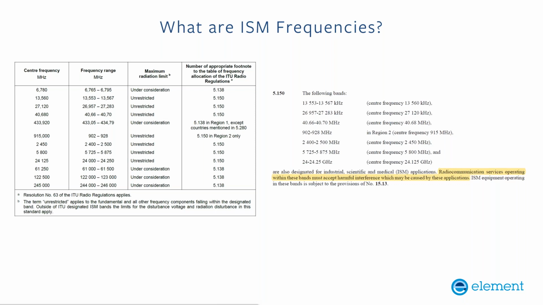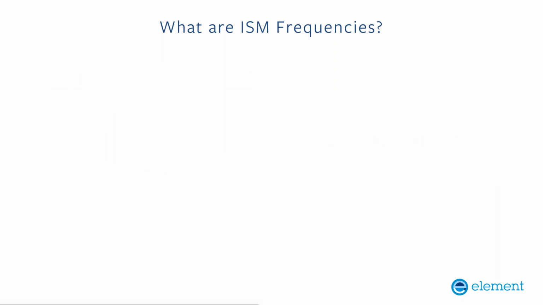And if there are communication services that also operate in that band, then they are a secondary user to ISM, which is why their product must accept harmful interference. So if that's the case, why do we have so many radio communication products using ISM bands?